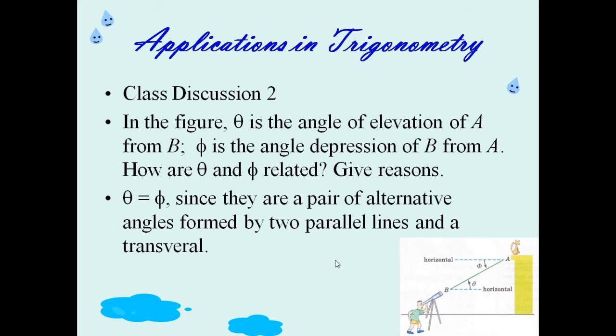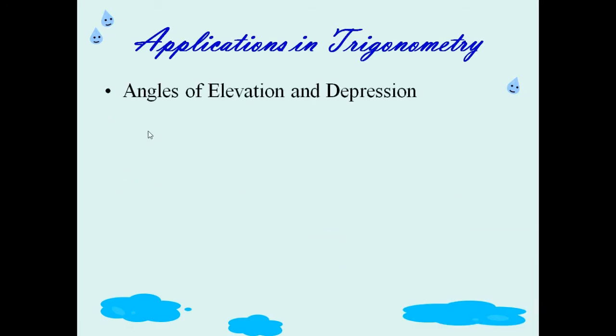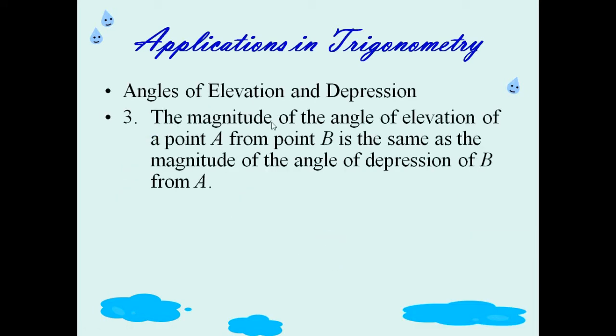So we have a conclusion. The magnitude, that means the value, of the angle of elevation of a point A from B, where B is the observer, is the same as the magnitude of the angle of depression of B from A. Now A is the observer. The two observers are turned around, and the angle of elevation and the angle of depression must be equal.